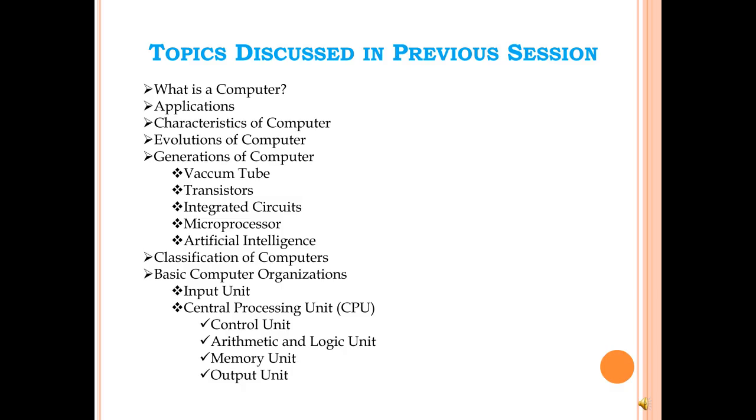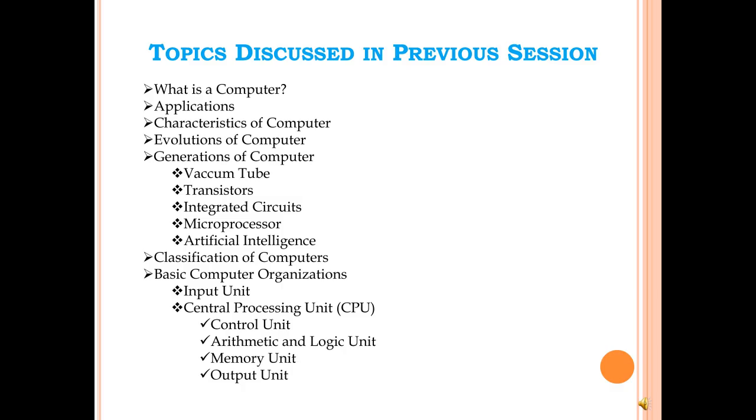In the previous session we discussed what a computer is, applications, characteristics of computers, evolution of computers, and generations of computers, including the devices used in different generations like vacuum tubes, transistors, integrated circuits, microprocessors, and artificial intelligence.